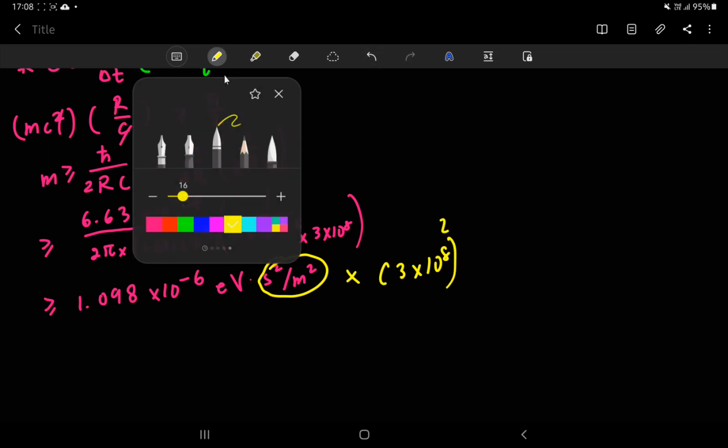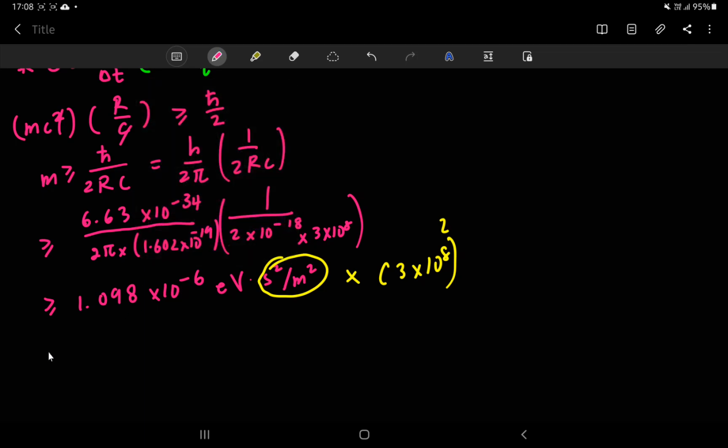So I will get about 98 giga electron volt over c square. Okay, so that's the answer. So this is the value of m.